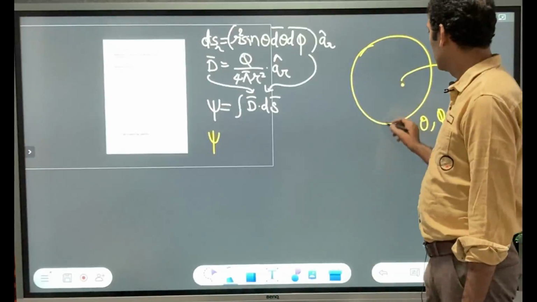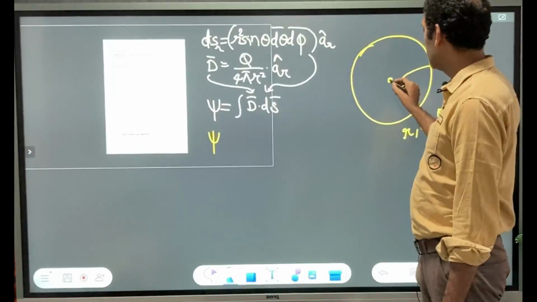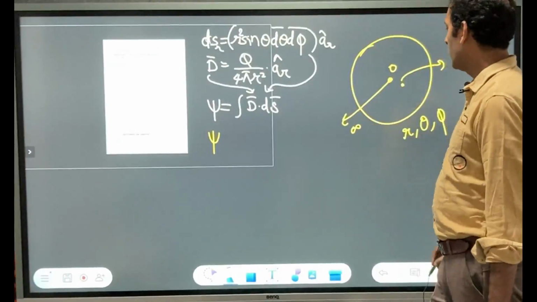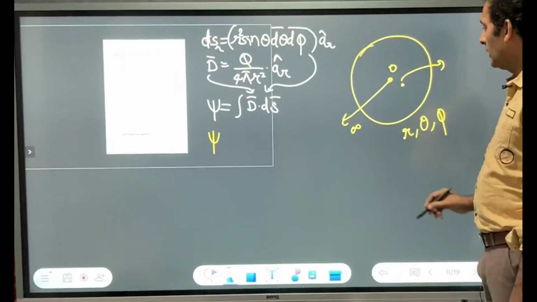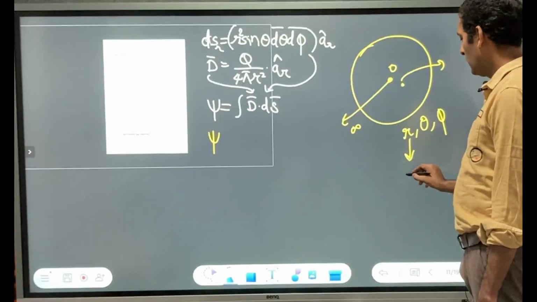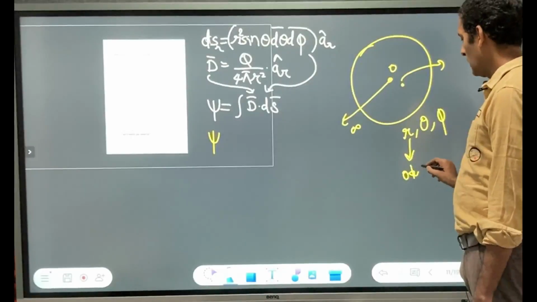So radius can start at the origin and it can go up to infinity. So that will be the limits for r: r will be from 0 to infinity.